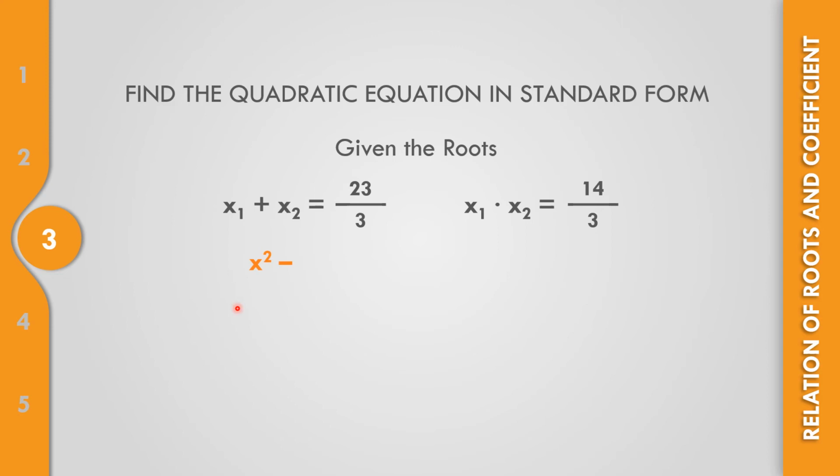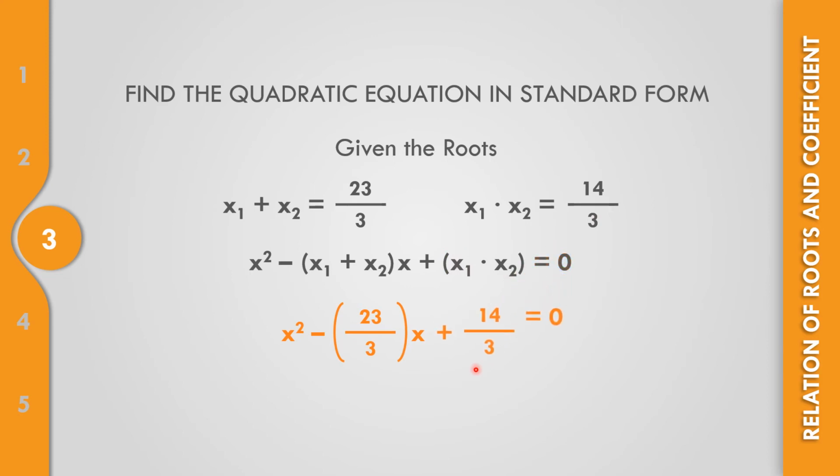The formula: x squared minus the sum of the roots times x plus the product of the roots equals 0. So bring down x squared minus the value of the sum of the roots, that is 23 over 3, copy x, plus the product of the roots, that is 14 over 3. Afterwards, multiply both sides by the LCD of the denominator, that is equal to 3.